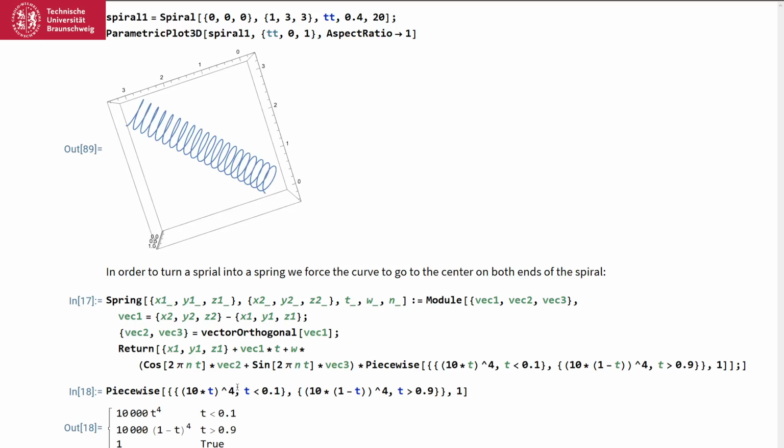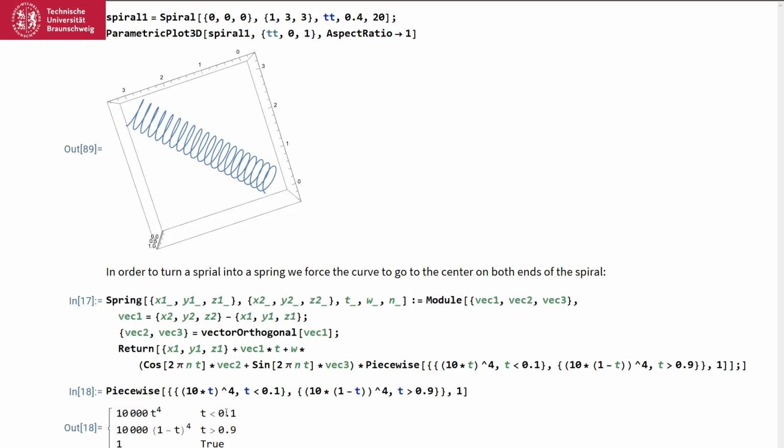So the only thing that we want to, you see, you have to multiply this by 10 to the power of 4, because this is 0.1 to the power of 4, so that the two pieces match up.